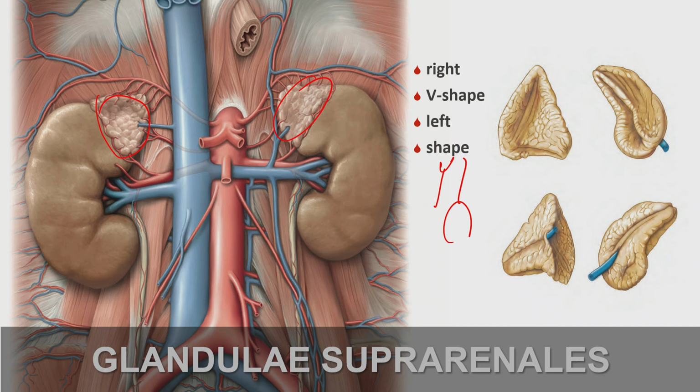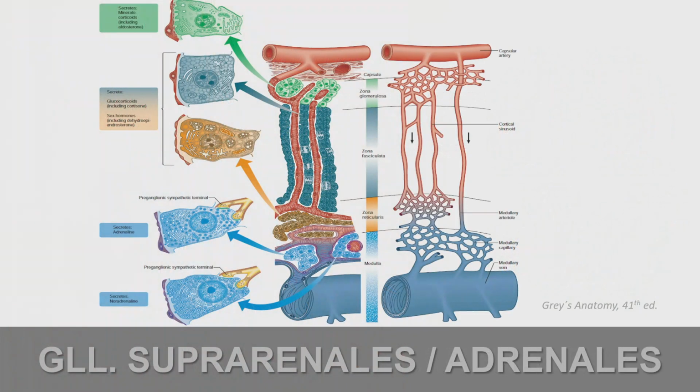The tissue is formed by two different origins. One is endocrine and one is neuroendocrine. One is originating in endoderm, the second ectoderm. Neuroendocrine part is inside and it is so-called medulla.